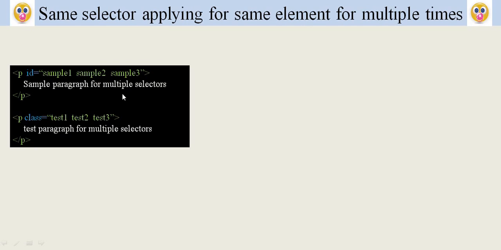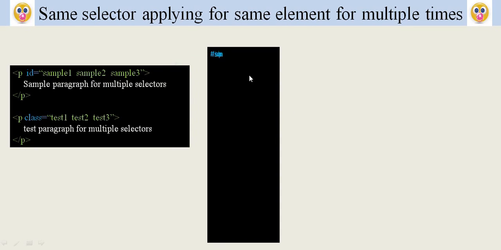What if we apply the same selector to the same element multiple times? This is one ID selector we are giving to this paragraph, using three reference names. For example, I am considering this code in our CSS file.